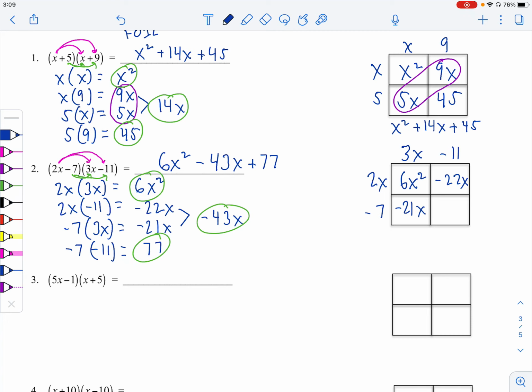And then negative 7 times negative 11, positive 77. And then your middle terms always combine, right? So we have 6x squared, and then negative 22 minus 21 again, negative 43 x's, and then plus 77. So we should end up with the same answer for both of them.